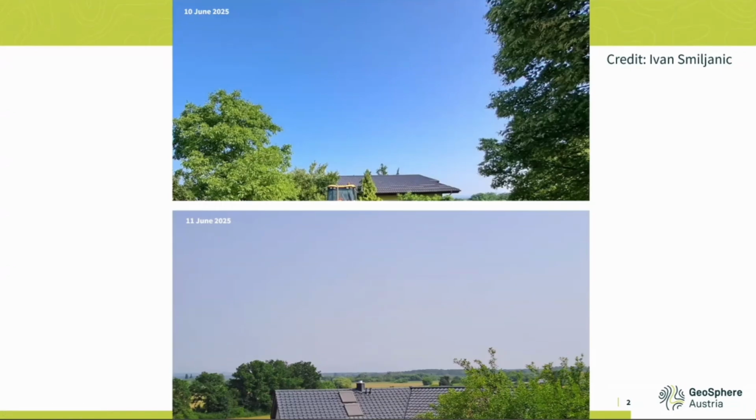Maybe most of you could observe that last week where you were, because it affected whole parts of Europe and also parts of the Mediterranean Sea. So there was a drastic change in the color of the sky. It's not dust, it's another kind of particles, and the color is more milky. For dust, it would be more of a reddish, brownish color.